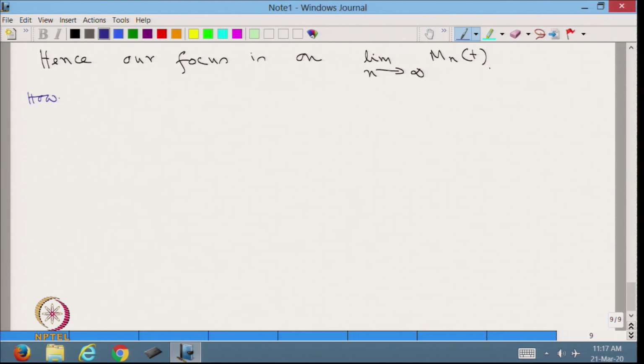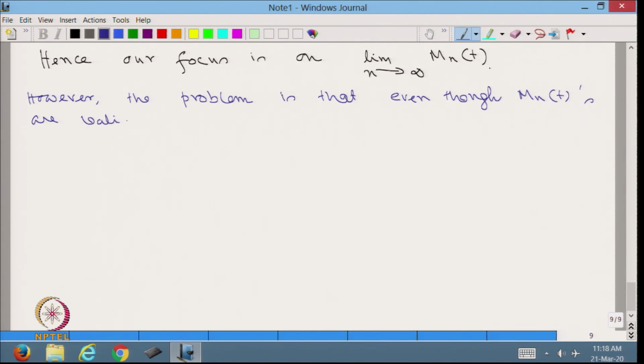However, the problem is that even though the Mn(t)'s are valid moment generating functions, the limit as n goes to infinity of Mn(t) equal to M(t) need not be an MGF.